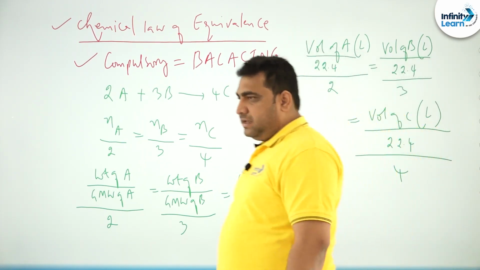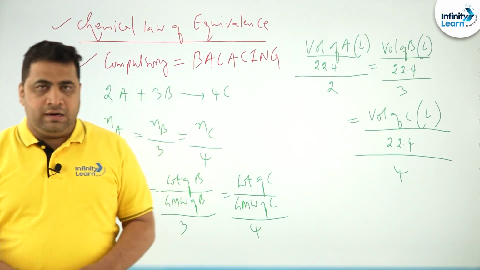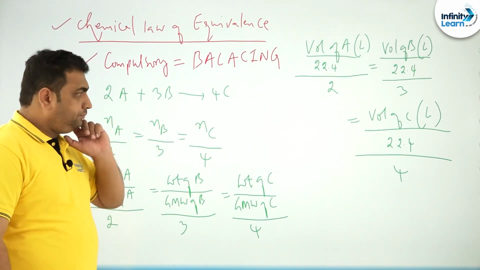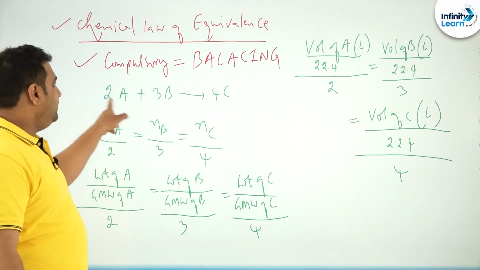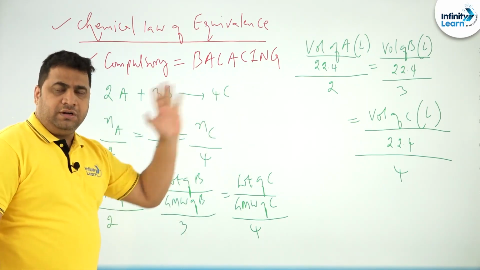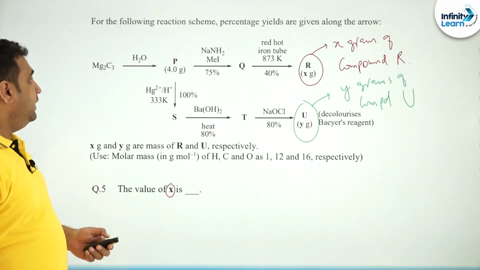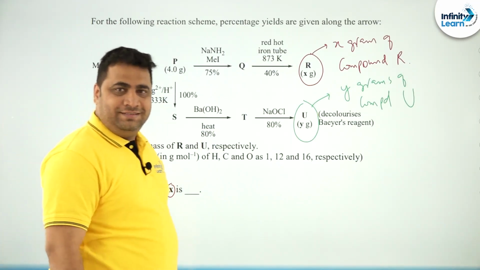This is the basic trick to get the answer for your given question. So once we know balancing, apply this law, you are going to get the answer. This is the main secret, but before that we need the balancing of this, correct.